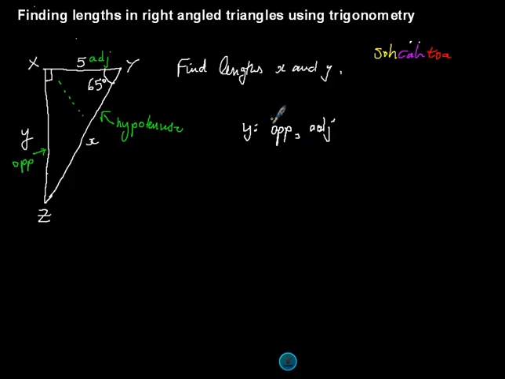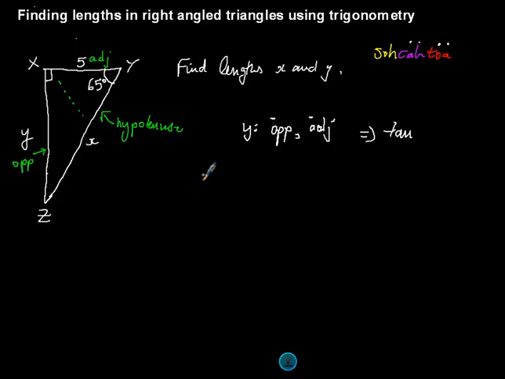So again, given the opposite and the adjacent, where is it that I will find this? Is it sine? Is it cosine? Is it tangent? Look carefully, and you will see that the tangent ratio is the one that involves the opposite and the adjacent. So I will be using tan.